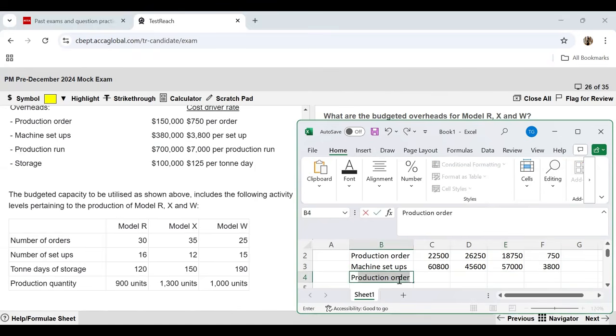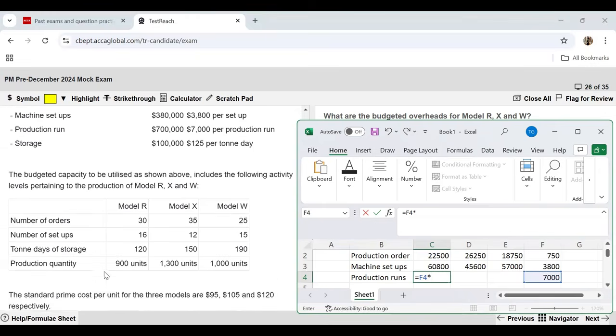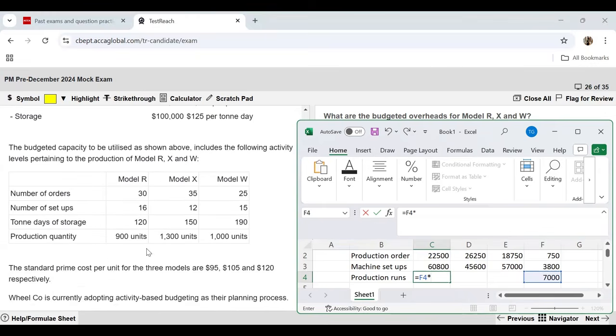Now the next thing is about the production runs. So if I talk about the production runs, the cost driver rate is given to me as 7,000 per run. Now it depends all upon how many number of runs have been made. So if you see the number of runs, you do not really have an idea as to how many runs have been made for them.